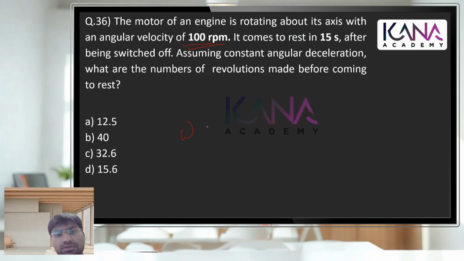So omega is 100 into 2 pi by 60 radians per second. For uniform deceleration, average omega is omega by 2.